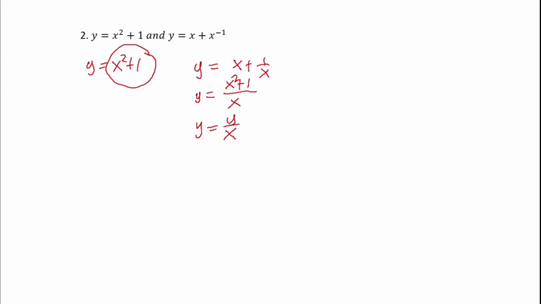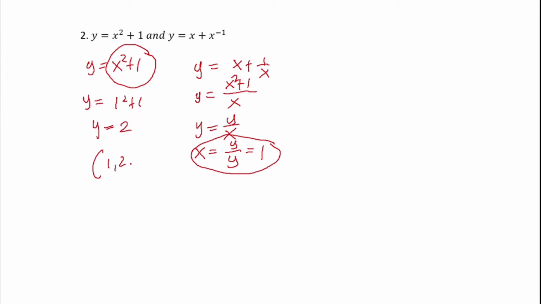So the value for x is equal to 1. To find the value for y, y is equal to 1 squared plus 1, that is y is equal to 2. So the point of intersection is (1, 2). So this is the first step, the intersection.